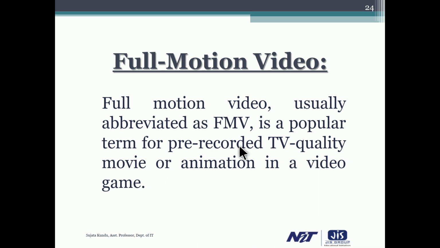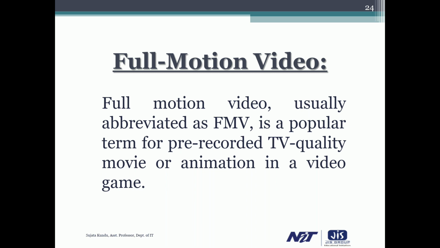Thus, FMV was traditionally much higher quality than real-time cutscenes. A cutscene or event scene is a sequence in a video game that is not interactive, and the two can usually be differentiated by this.